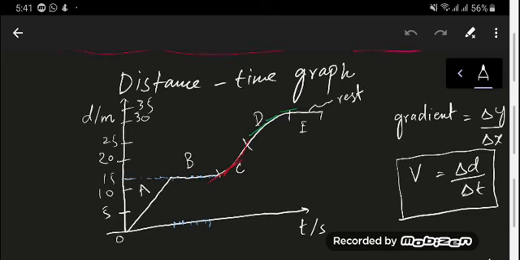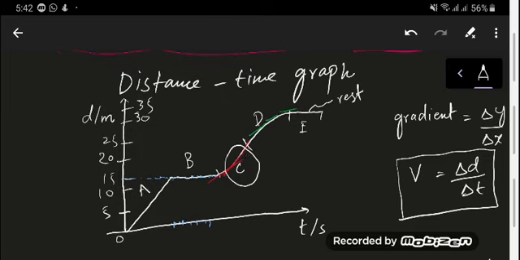One more important thing about this distance time graph is that there are some questions in the O-level physics exam that ask you to tell whether this distance time graph has any acceleration or not. So you can just visualize and see here that at this point C, the speed is increasing.